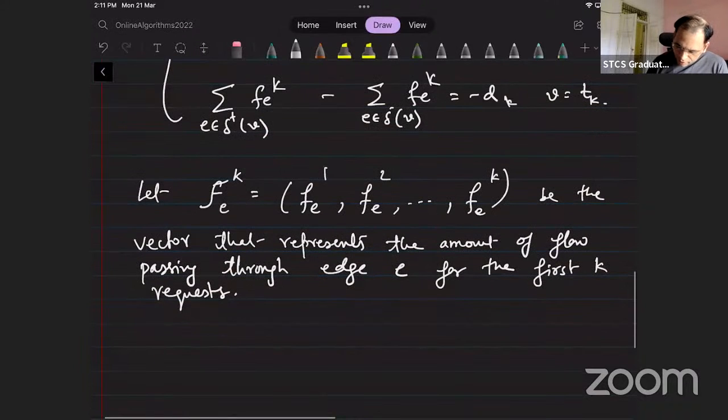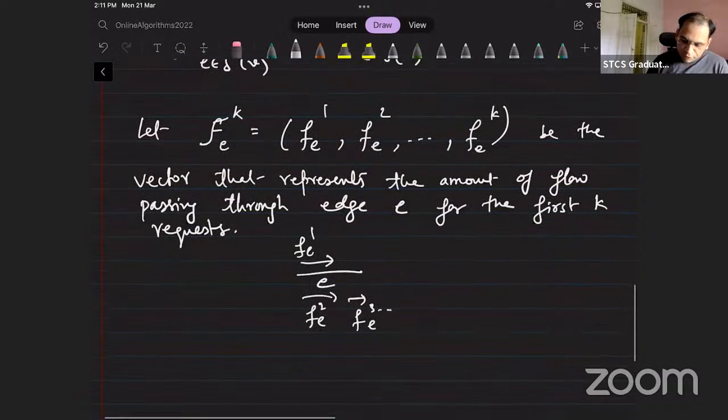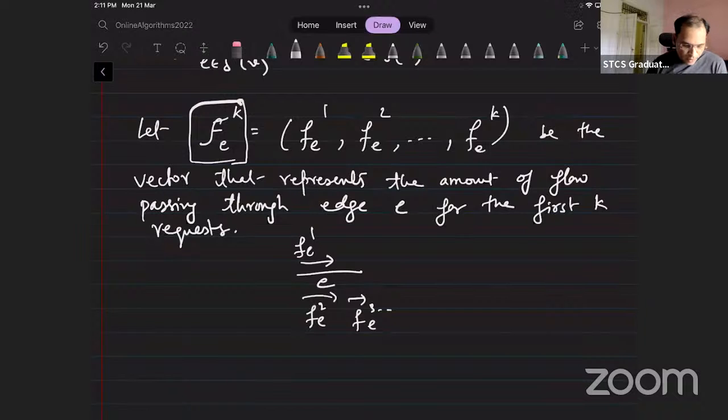So you're fixing an edge e, and looking at f_e^1, the first request. It's also taking f_e^2, f_e^3 and so on. So that's what the full vector F_e^k means: all the flows passing through an edge e.